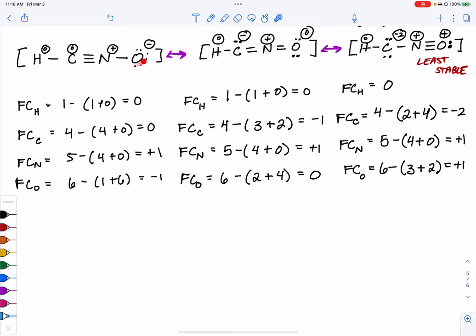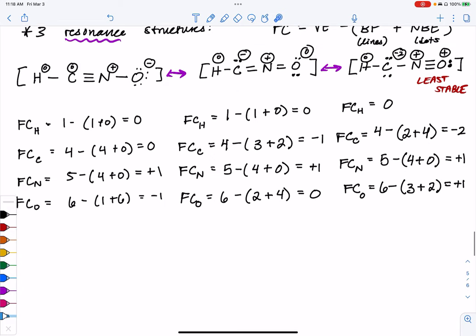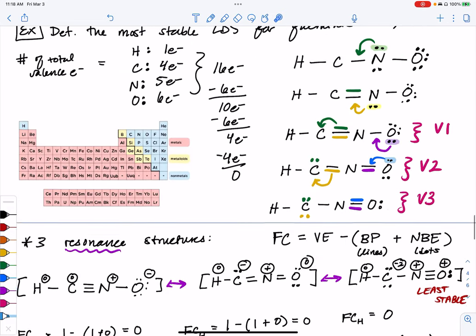So those are all pretty close to 0. And then in our second resonance structure, we had 2 0 formal charges, but then again a +1 and a -1. These are also pretty close to 0. So that was not really useful. It was not able to tell which of these 2 structures was the one that is more stable.